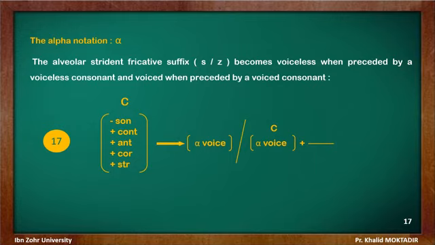Then we have minus sonorant, plus continuant, plus anterior, plus coronal, plus strident, and then it will become plus voice if the preceding consonant is plus voice. That's the context. Minus voice if the preceding consonant is minus voice. So alpha stands for plus in both cases, in both situations, or minus in both.